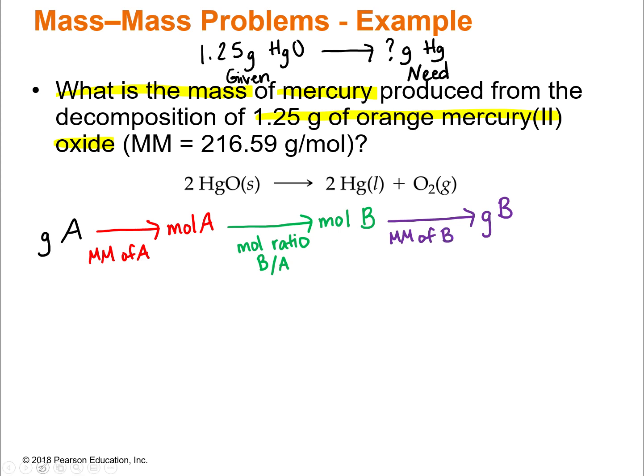In our problem, the given information is your A. So that means everywhere that you see A, we're calling that mercury 2 oxide. Everywhere that you see B, that's our mercury.